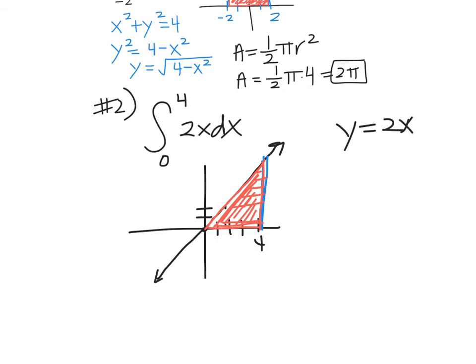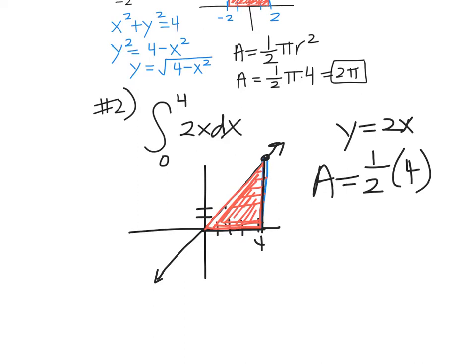It's just the area of a triangle. And so you use the area formulas that have been instilled in you since geometry. That would be area equals 1/2 base times height. The base is 4, but what's the height? Well, the height is f of 4, right? So 8.